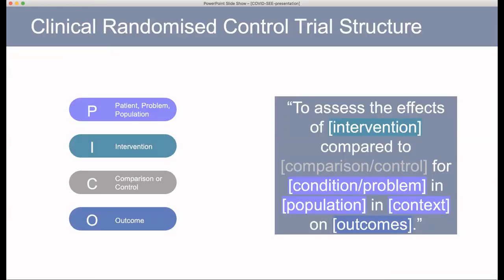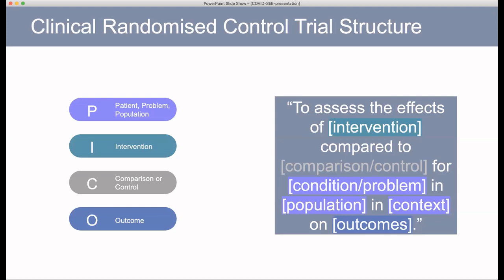The other thing that's really important in clinical research is the concept of randomized controlled trials. In fact, arguably, randomized controlled trials are the entire basis of evidence-based medicine in modern medicine. And the key structures around that are this PICO framework of defining what the population or the patient or the problem that is being studied.